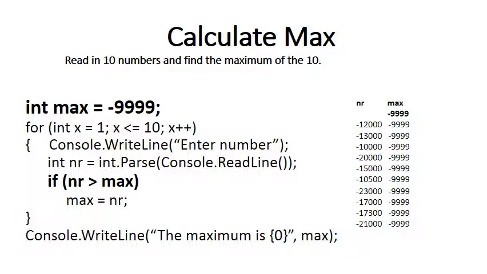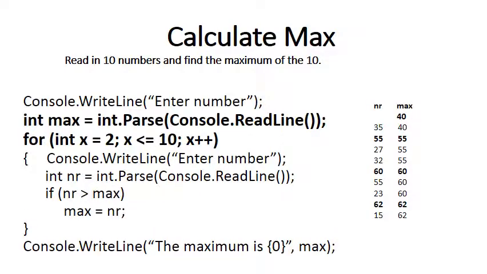So after 10 numbers, we would not really have the maximum number. We would finally say the maximum is minus 9999, which is obviously not correct. So initializing that max value is very important, and it asks us to assume what the numbers are that we will be receiving from the user.